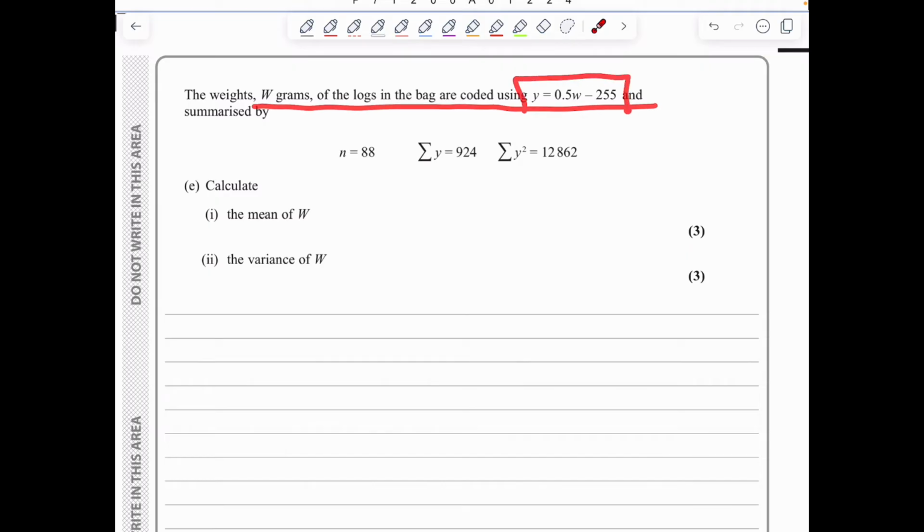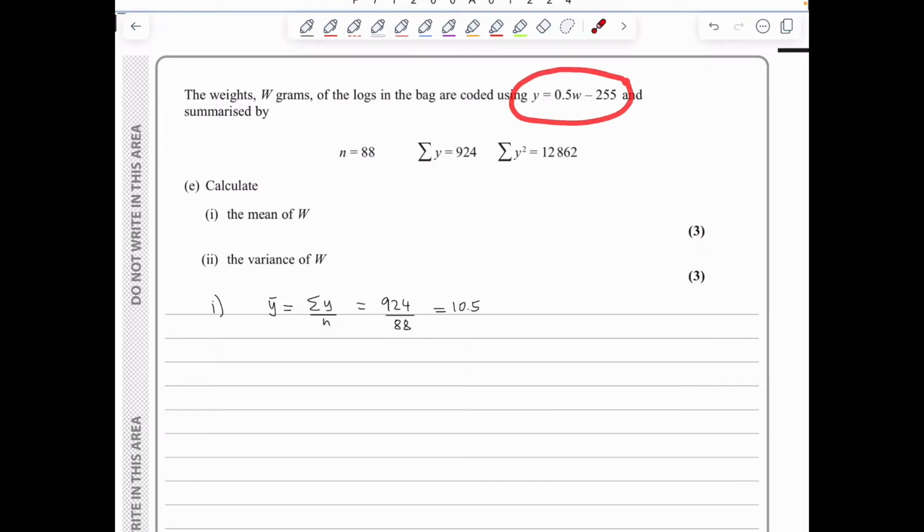In part D, we are given that the weights W grams of the logs are coded using Y is 0.5 W minus 255, and we've got the summary statistics for Y, and we need to calculate the mean of W and the variance of W. Well, for the mean, I will start by finding the coded mean, Y bar, which is simply sigma Y over N, which is equal to 924 over 88. This gives an answer of 10.5, and we know that the mean is affected in exactly the same way as the coding works on the individual observations.